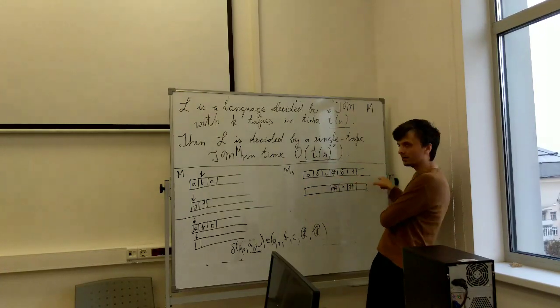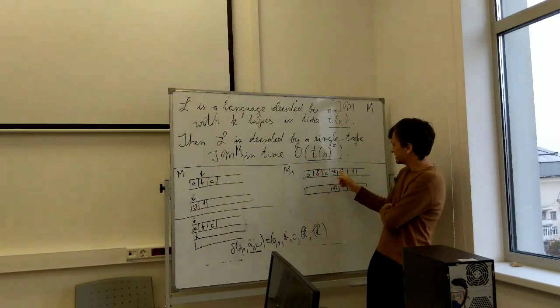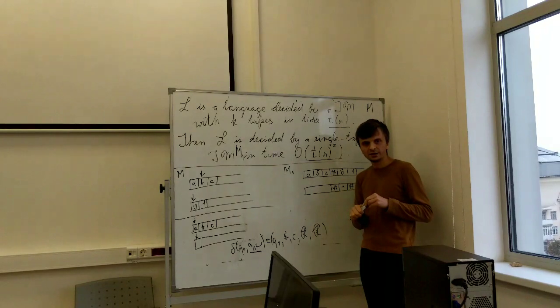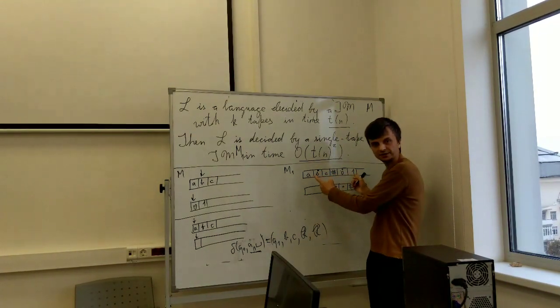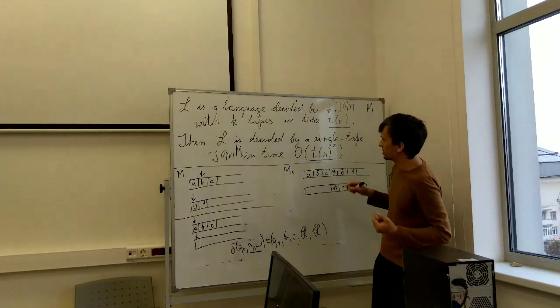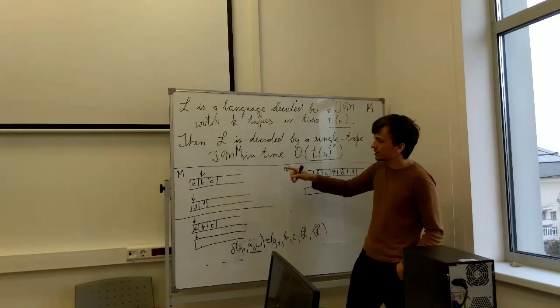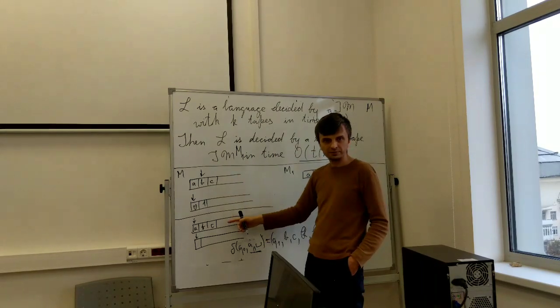First, we need to scan the tape once, just to see what symbols are marked. How long does it take? It takes as long as there are cells that are filled in here. But because our machine runs in time T of n, it cannot fill in more than T of n cells on each tape.